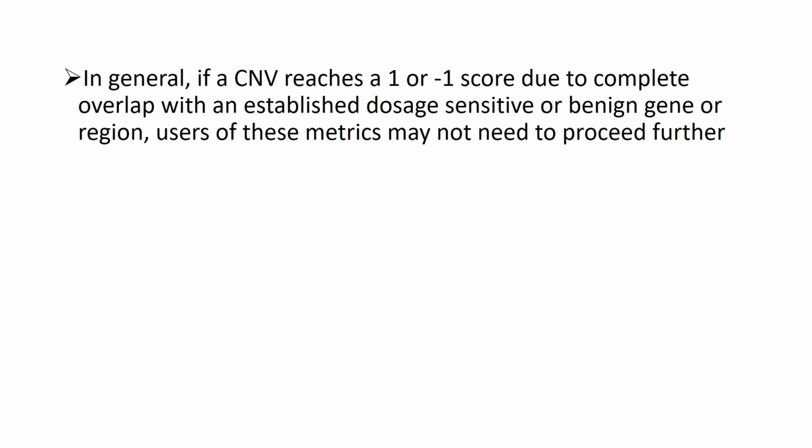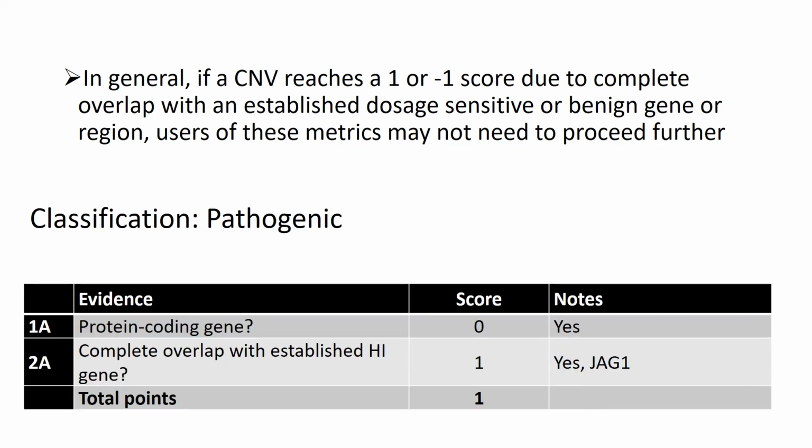According to the metrics, in general, if a CNV reaches a 1 or -1 score due to complete overlap with an established dosage-sensitive or benign gene or region, users of these metrics may not need to proceed further. And so with overlap with an established haploinsufficient gene JAG1, our patient's deletion can be classified as pathogenic.